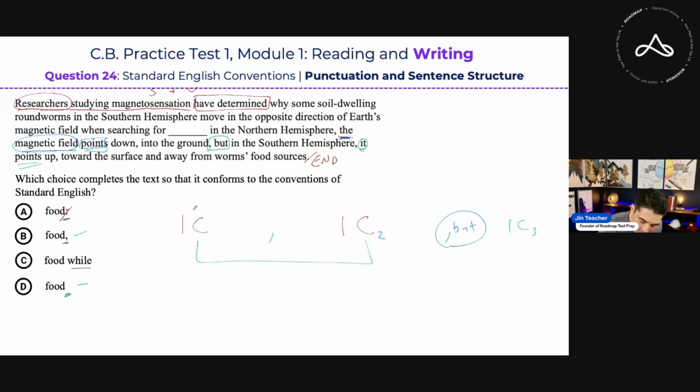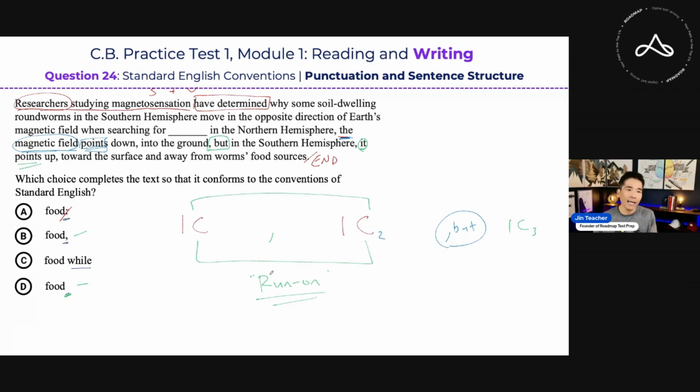When we separate 2 independent clauses with just a comma or with no punctuation, we create a sentence structure error called a run-on sentence, right? Remember that. Run-on sentences and fragments are the 2 most common types of sentence structure errors that you'll encounter. A run-on sentence is basically when we have 2 independent clauses that are not properly punctuated, right? And that creates a grammatical error.